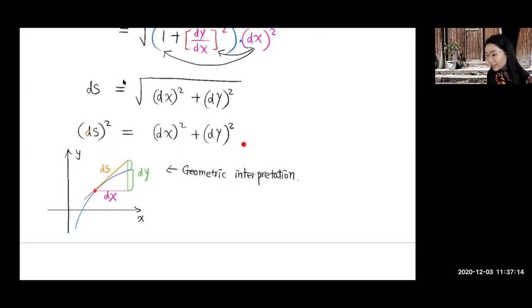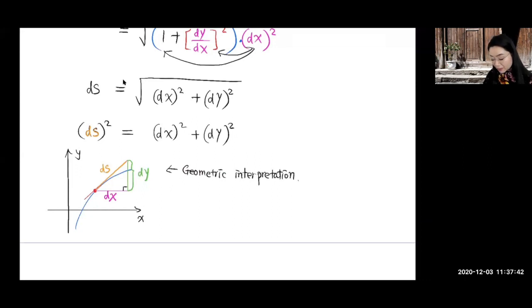This differential ds, when you square it, is equal to dx squared plus dy squared. dx is the change of x, dy is the change of y along the tangent line, and ds is called the differential of arc length.